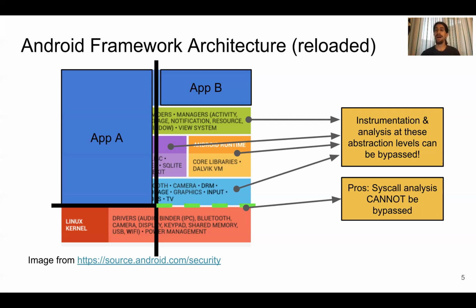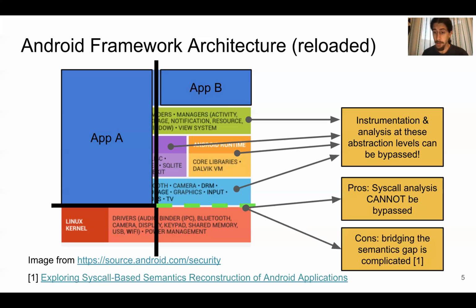But assuming a bug-free system, you should not be able to bypass syscall instrumentation, where you basically log which syscalls you are invoking. But again, assuming a bug-free system, it's easy to bypass frameworks like some of the ones we've seen last time, for example, the classic API instrumentation or Frida or Xposed. You can bypass this by just not calling the APIs, just calling what the API would have called.